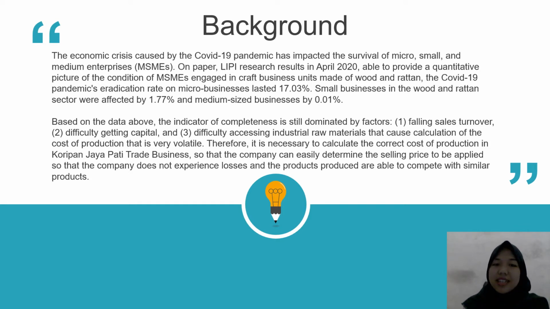Therefore, it is necessary to calculate the correct cost of production in the Koripan Jaya Pati trading business, so that the company can easily determine the selling price to be applied, so that the company does not experience losses and the products are able to compete with similar products.